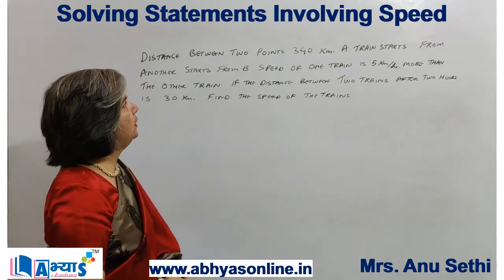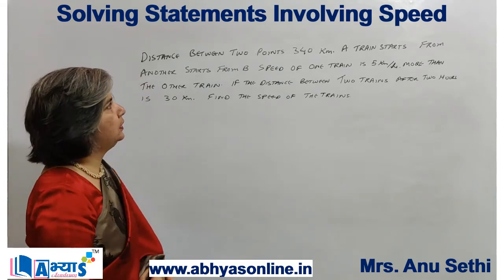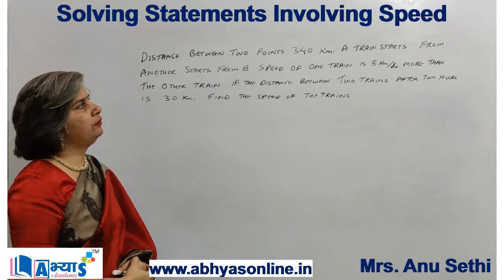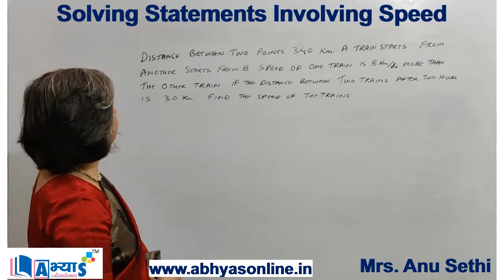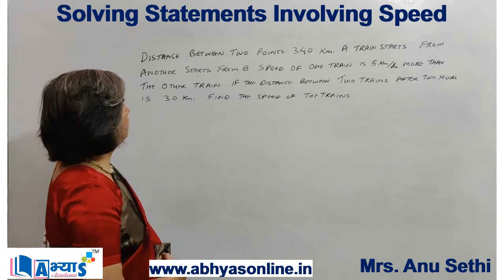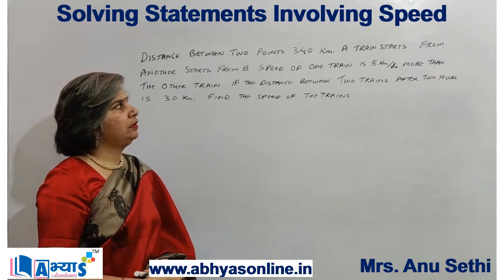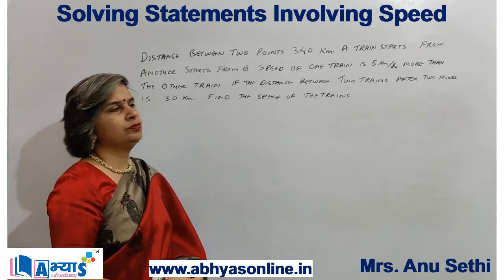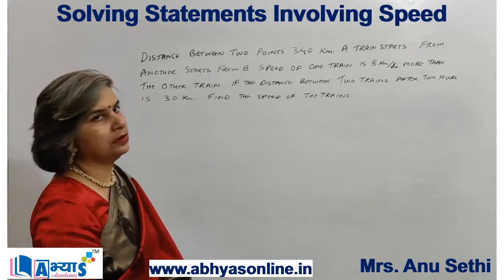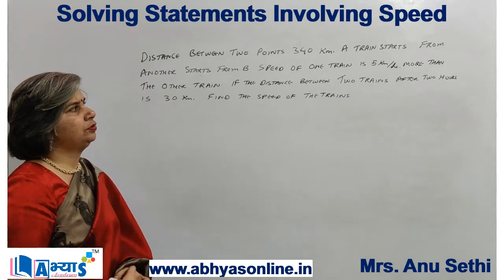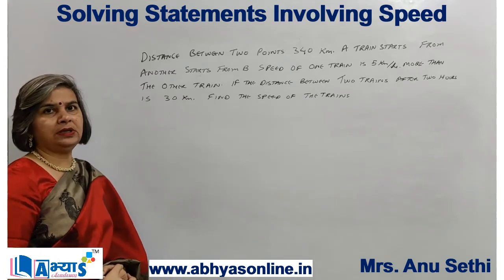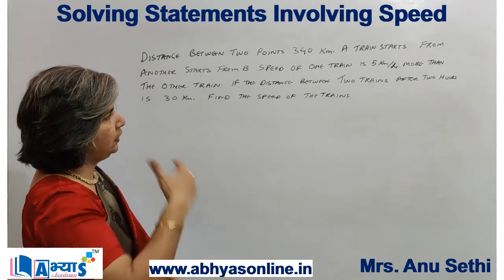For example, in this question we are given that the distance between the 2 points is 340 kilometers. A train starts from one point A and another starts from B, and the speed of the train is 5 kilometers more than the speed of the other train. If the distance between the two trains after 2 hours is 30 kilometers, find the speed of the trains.